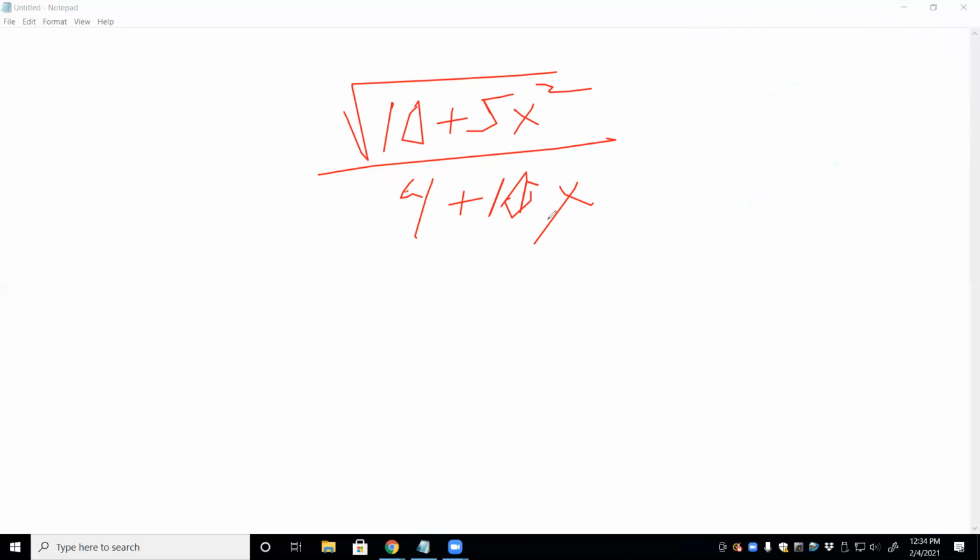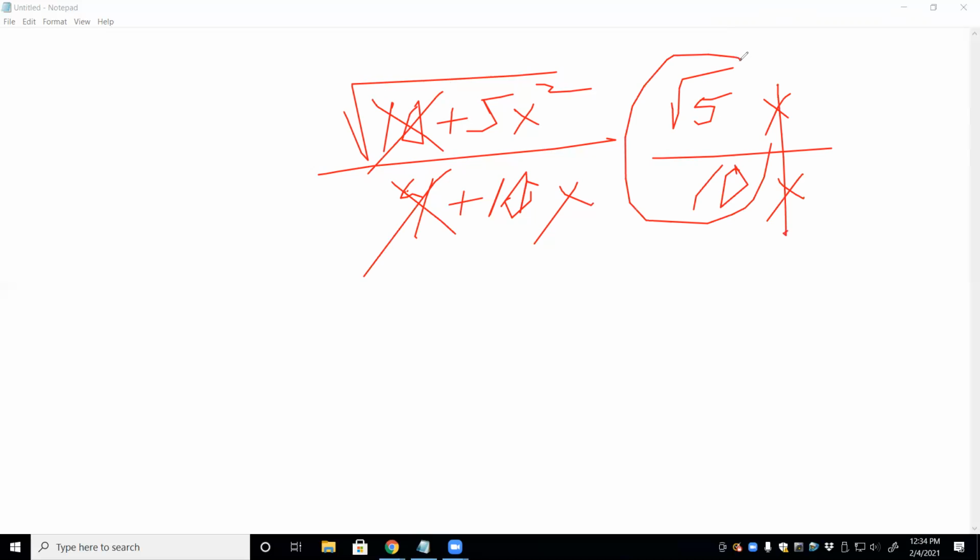So the way you really solve this problem is by ignoring the number, which is frequently the case when you're dealing with limits as x goes to infinity. And now I operate only on the variable part, and I get this over this. Okay. That's going to go to that limit.